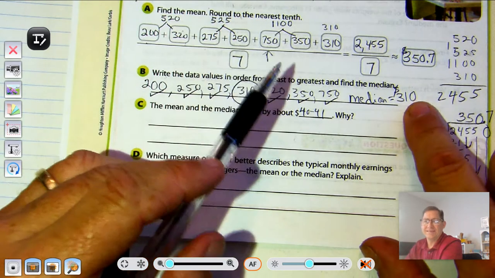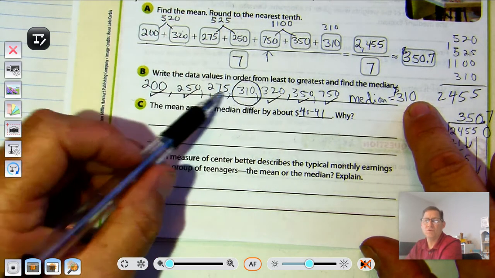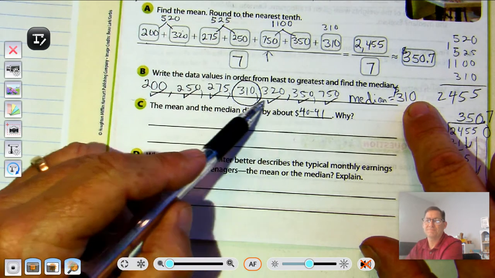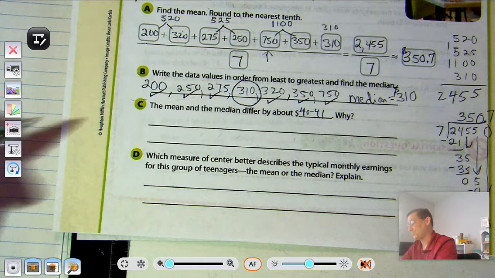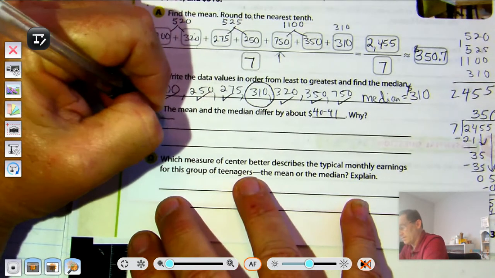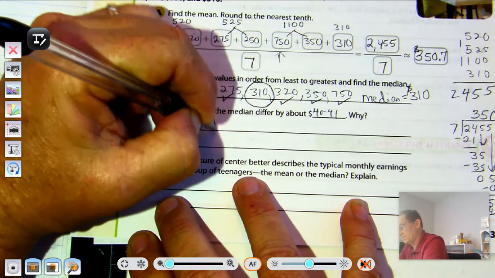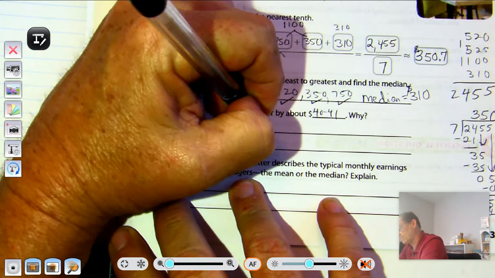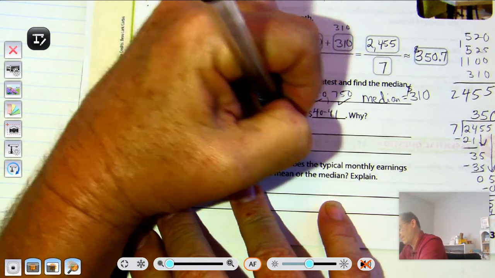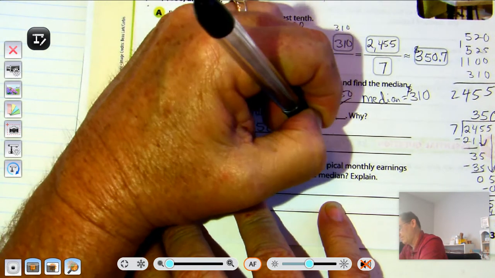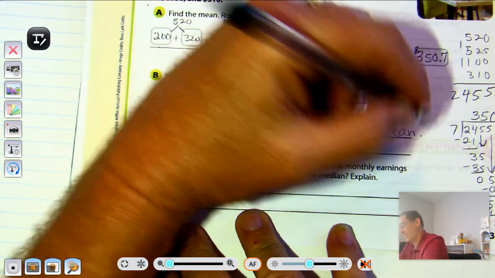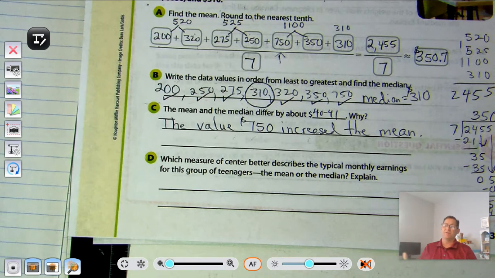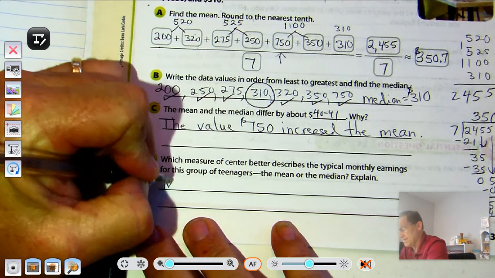But when we look at 310, that's actually real close to most of the numbers, right? Or closer. So the value 750 increased the mean. So in this case, I would use the median.